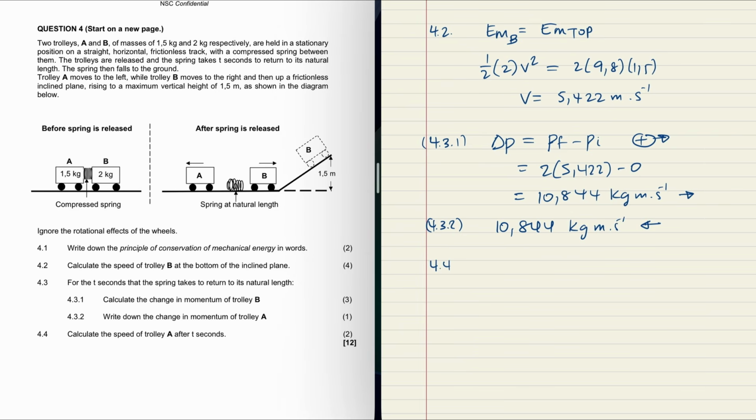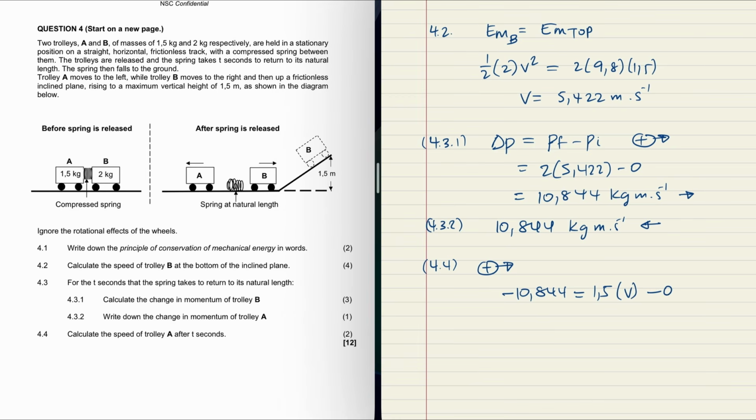Question 4.4, calculate the speed of the trolley after t seconds. We know its change in momentum. We know its initial momentum, so we can calculate its speed. So we can simply say, again, I'm choosing right as positive here. And if right is positive, then this change in momentum value must be negative. So minus 10.844 is equal to, well, 1.5 is the mass. The velocity v is what we want.